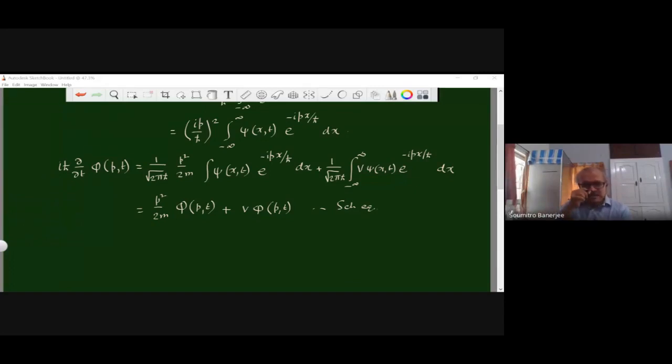The only two things are that we needed an operator for x in the x basis and an operator for p in the x basis. That's something we already know. We need to find out the operator of x in the p basis and the operator for p in the p basis. That's what we'll work out in the next class. Let's stop today.